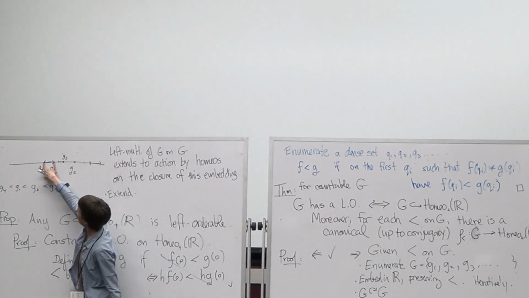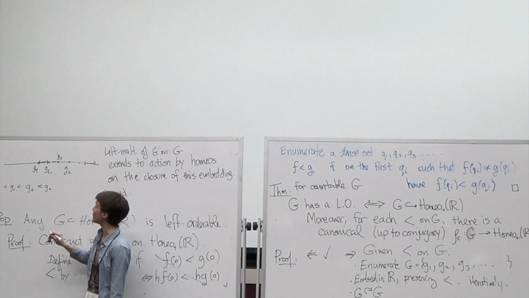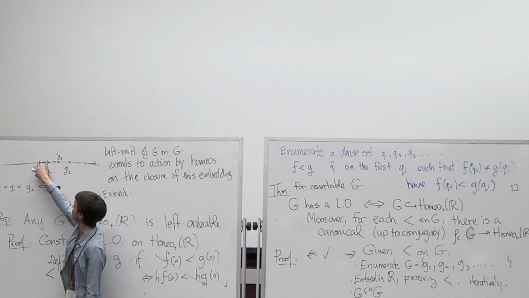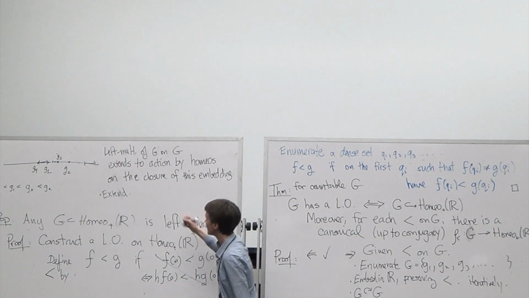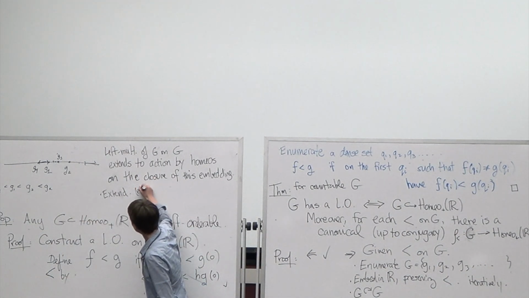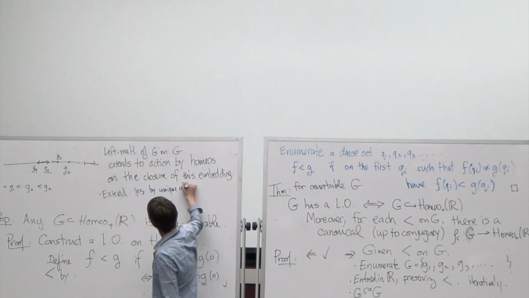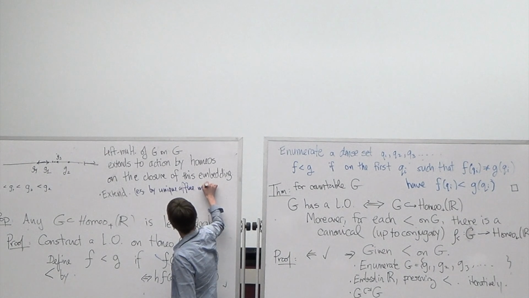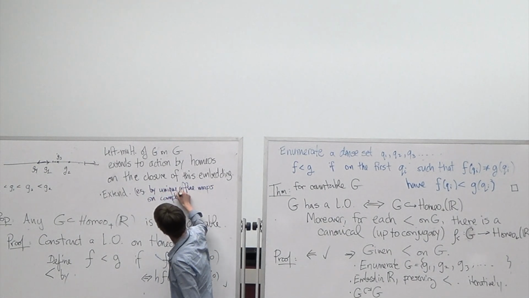And there's a unique affine map that sends this interval to that one. So that's a canonical choice for what G100 does to a complementary region. So extend, for example, by unique affine maps on complementary intervals.